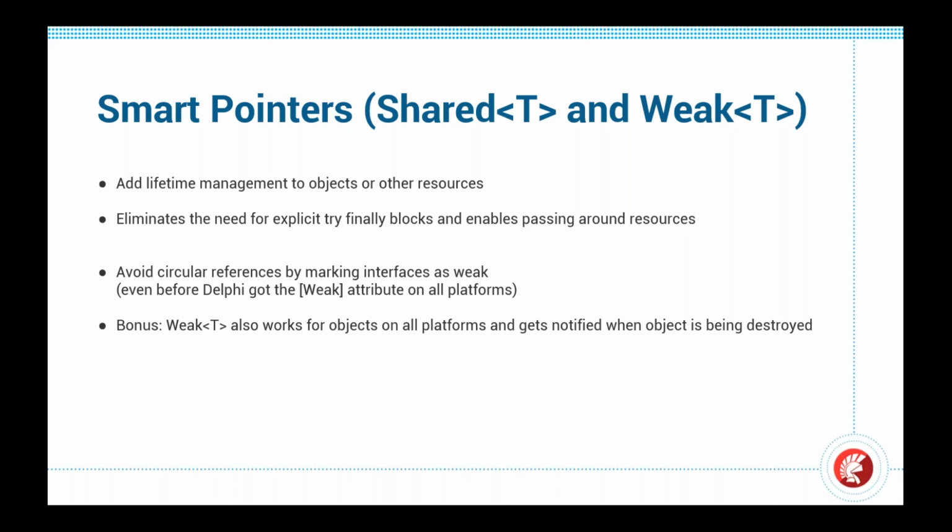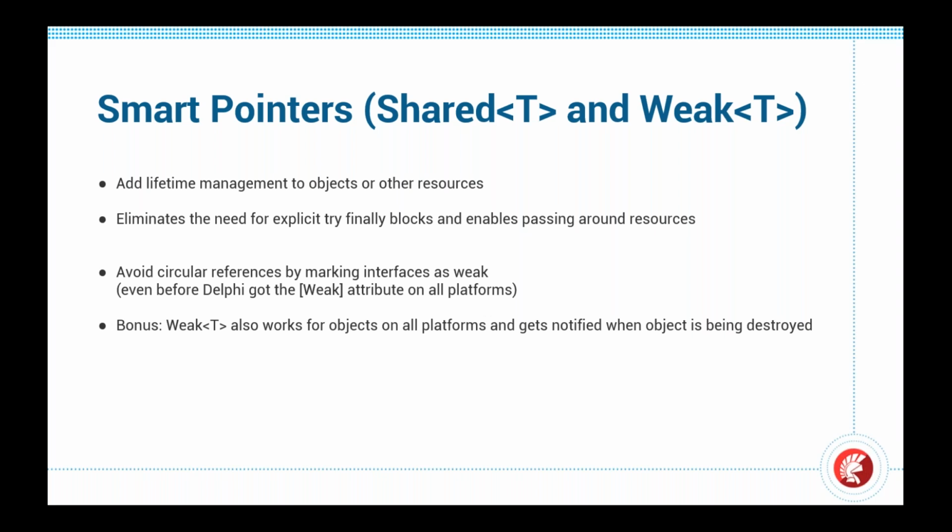And so this is basically just like interfaces with reference counting. So you can add this reference counting to types that don't have a notion of reference counting. With the Weak<T> type, you can also avoid circular references, and this is in all the versions Spring4D comes from, which is even before Delphi added the weak attribute, which you can put on interfaces.